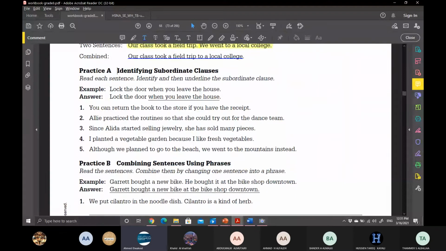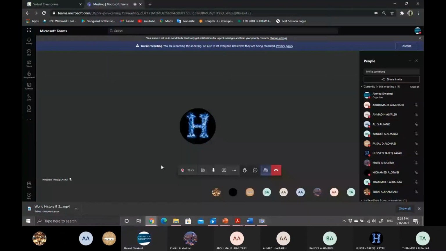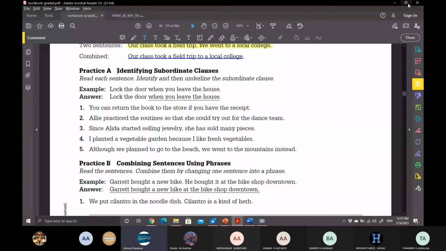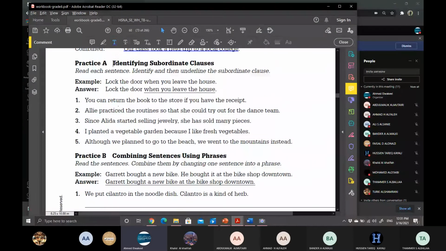In practice number A, we are asked to identify the subordinate clauses. So read each sentence, identify, and then underline the subordinate clause.